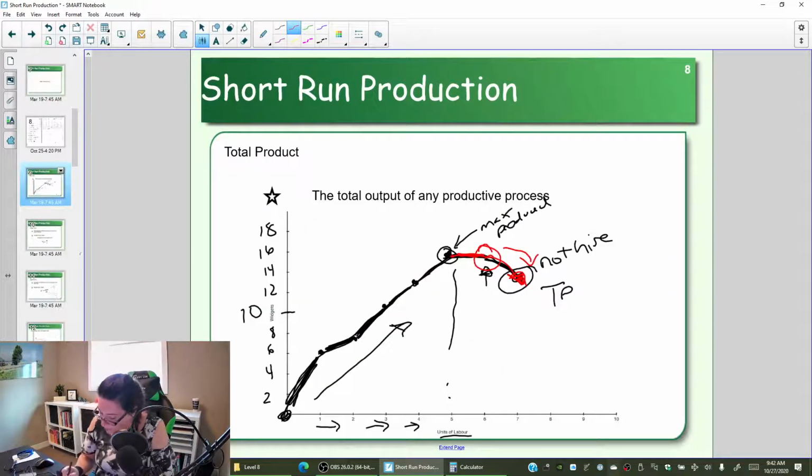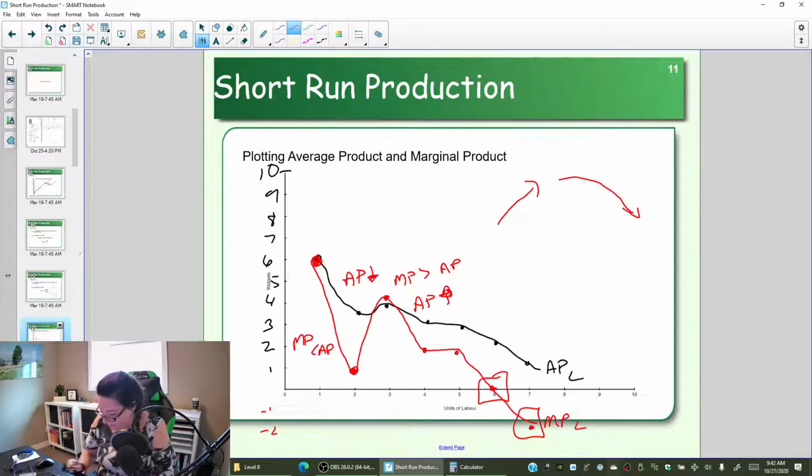And the fact the total product didn't change when we hired the 6th worker is why this marginal product is here at 0. Okay, so we know why we might get 0 or negative marginal products. The question is why does the marginal product go up or down?